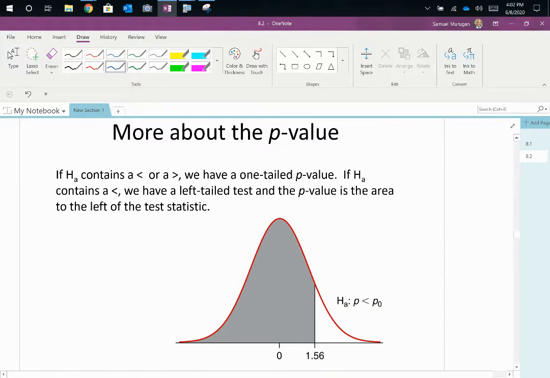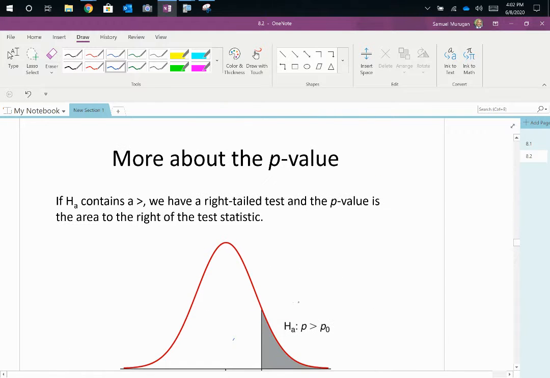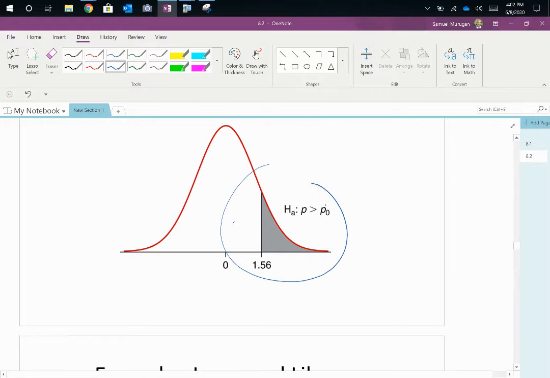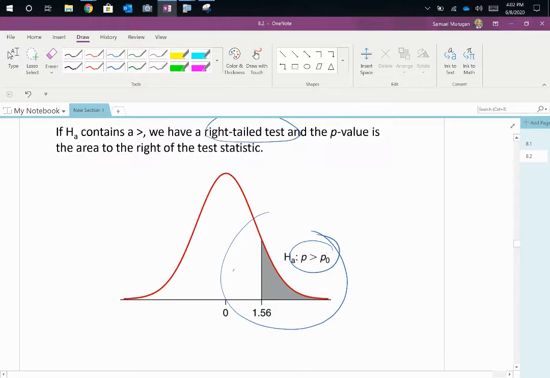If we have a case where all of the data is shaded to the left, we describe this as left tail test. And if the data is all clumped up towards the right, greater than, we describe this as right tail test.